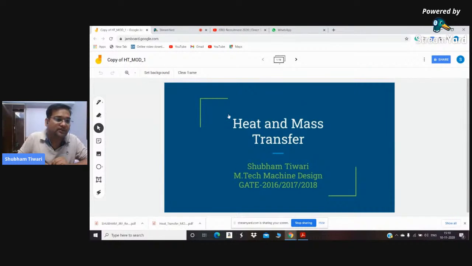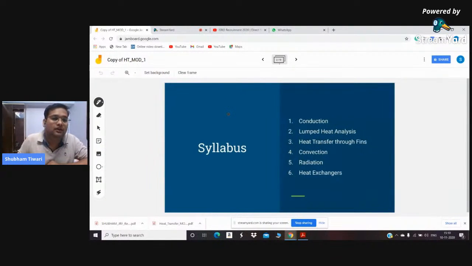So let us first start by looking at the syllabus. We know that the GATE syllabus has been divided into 4 sections. The first one is general aptitude and engineering mathematics, along with applied mechanics.